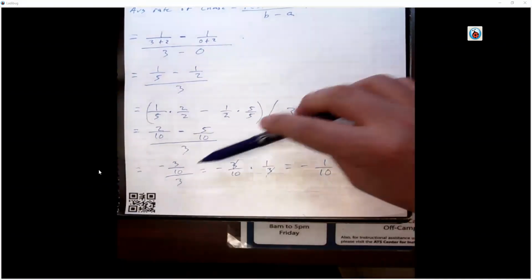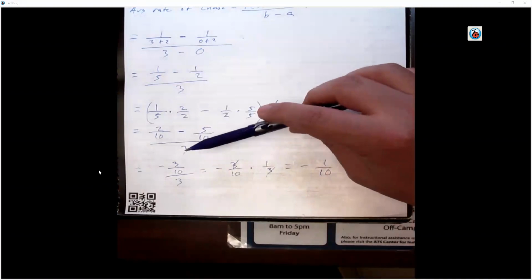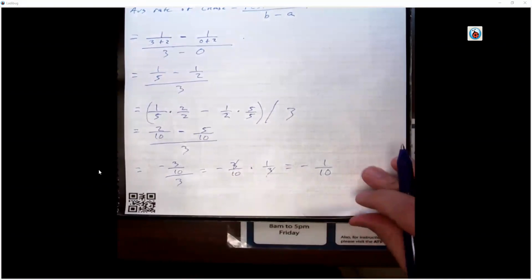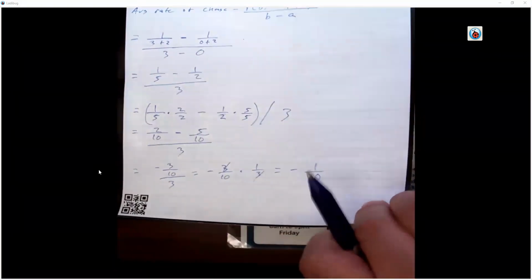Then that would just be this top part, the -3/10. All right. That's cool on this page. Any questions on net change or average rate of change?